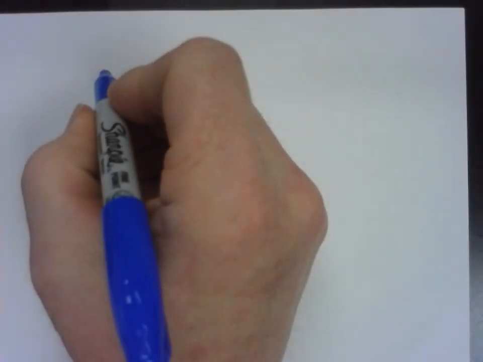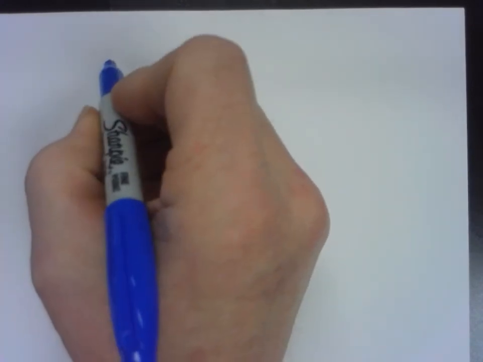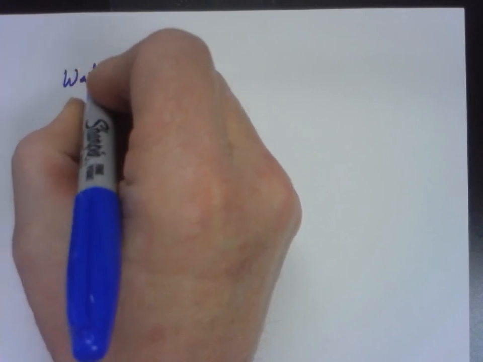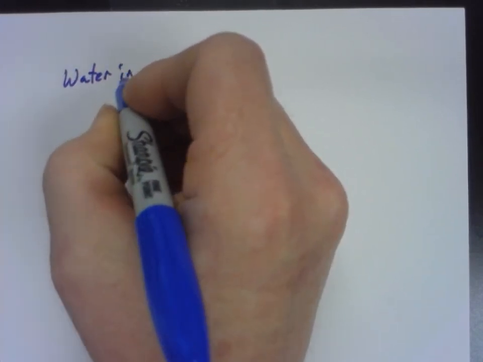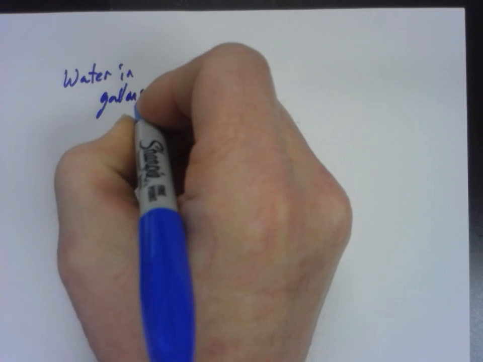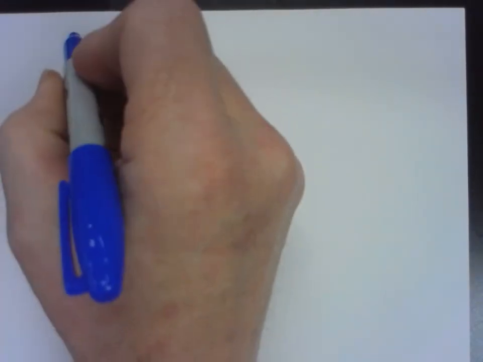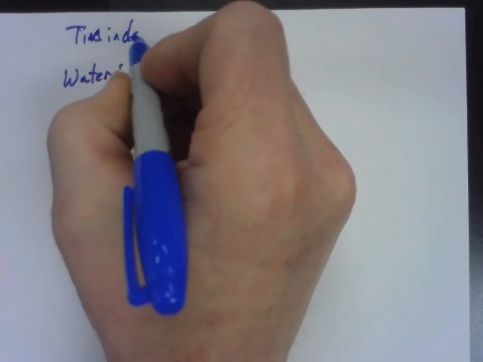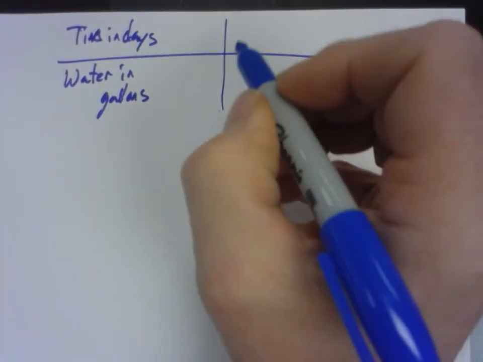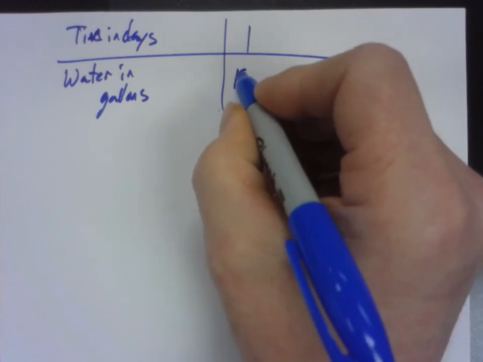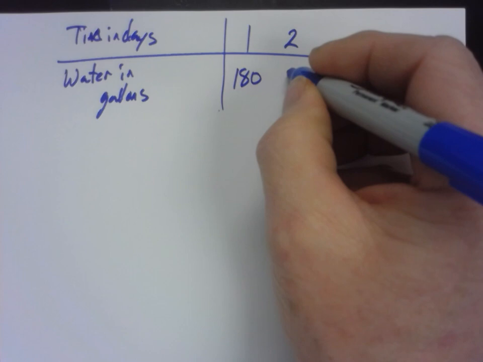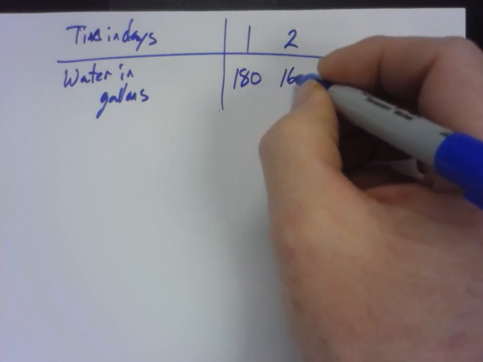How about this one? Here's a series. So this is, again, water in gallons, let's say, and this is time in days. Day 1, 180. Day 2, I don't know, 160.